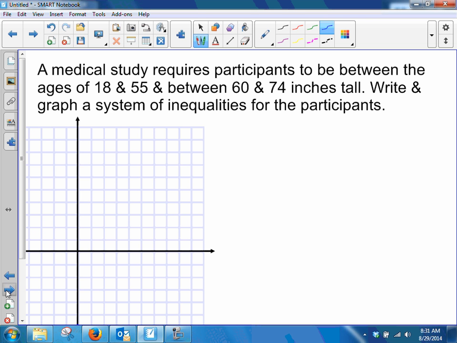We know we're dealing with age and height, right? Because those are the only numbers we have. What numbers are we going to use? Let's start there.